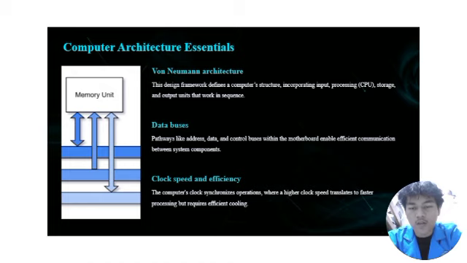The motherboard enables efficient communication between system components. Clock speed and efficiency: the computer clock is the operational engine, where higher clock speed translates to faster processing that requires efficient cooling.